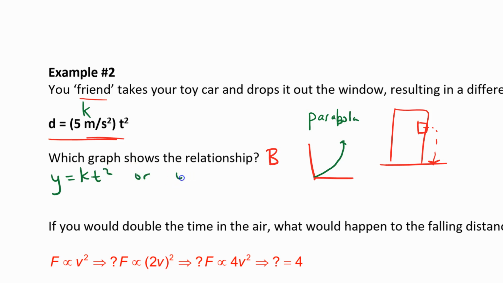Oh, actually, I'm getting mixed up. I could either say y is equal to kx squared, or I could use our examples from this one where it'd be d and t. So now I'm making you erase. So I'll go back and make this specific, or I could say d is proportional to t squared. All right, does that make sense?